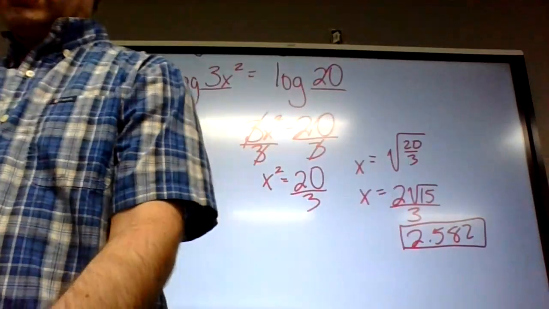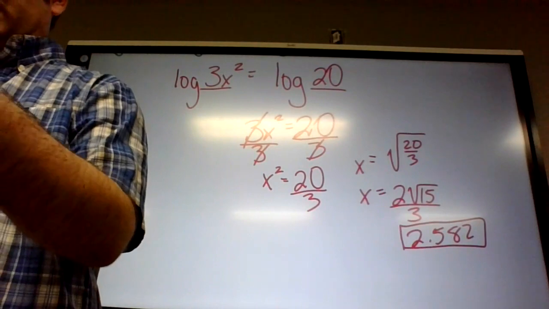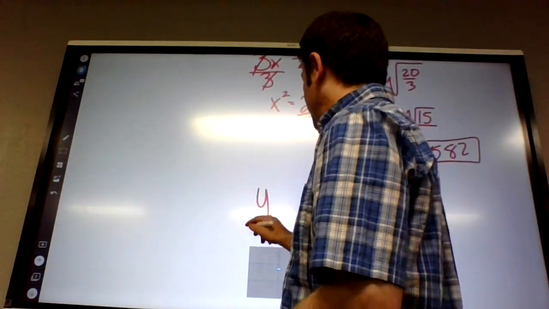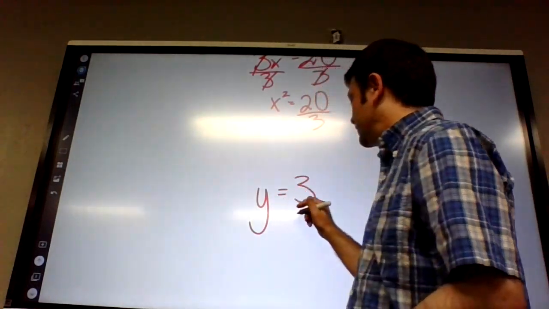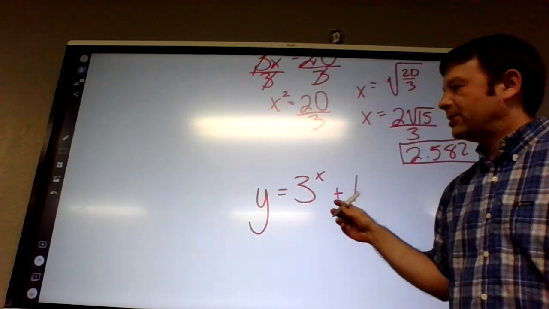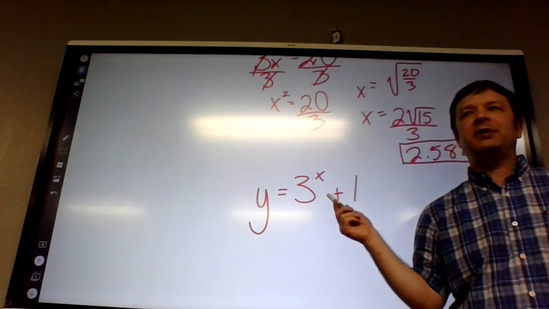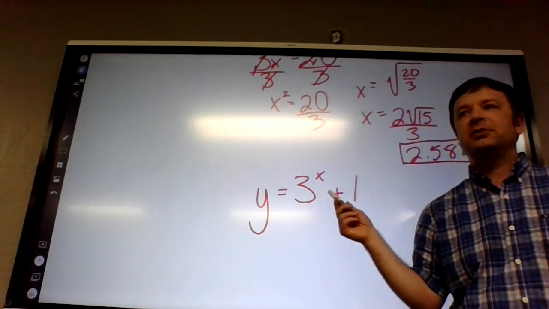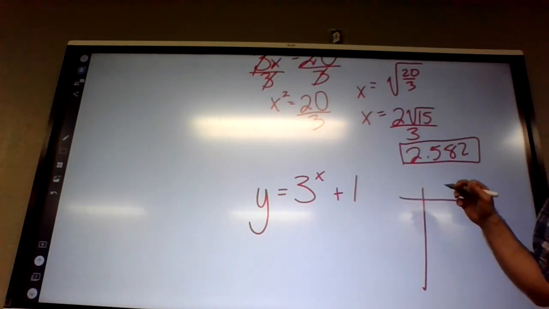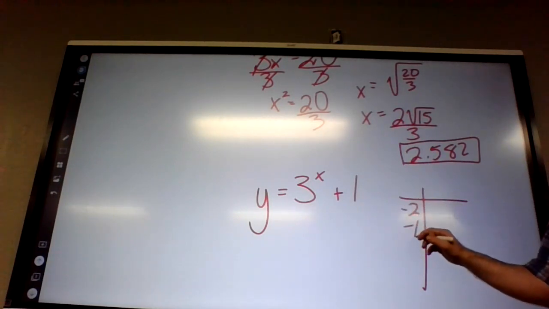Okay, so what remains? There is one of these functions that we got to graph. So how did we graph these in the chapter? We just plugged in some numbers, right?